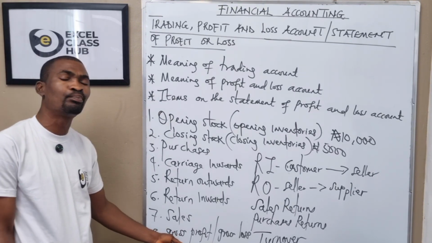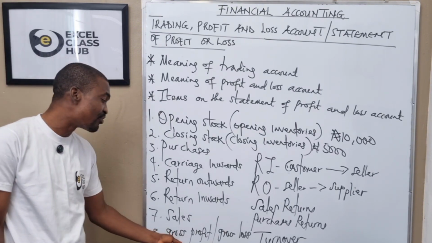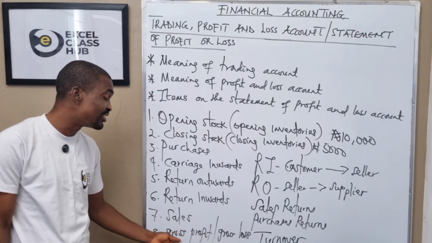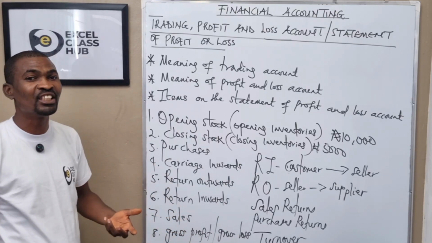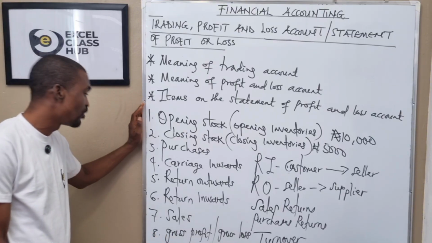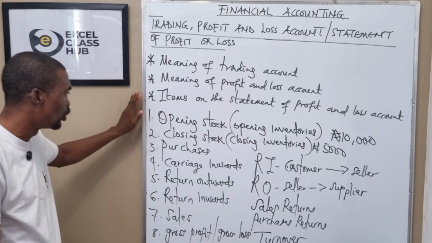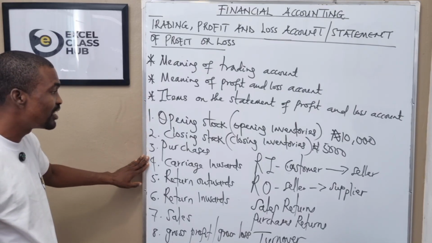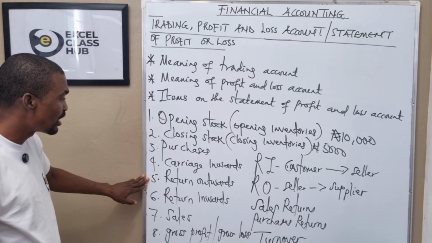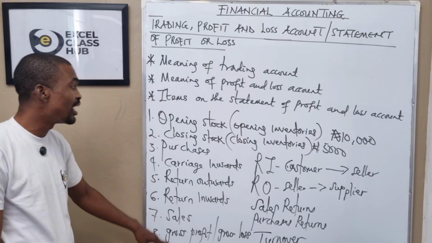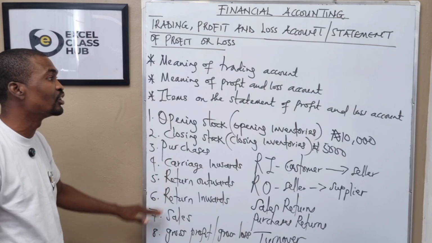Then number 8 is gross profit. Gross profit is the profit that is derived before the deduction of expenses. So the profit that is derived before expenses are deducted is called gross profit. So these items from number 1 to number 8, opening stock, closing stock, purchases, carriage inwards, return outward, return inward, sales, gross profit or loss, are the items that can be found in your trading account.